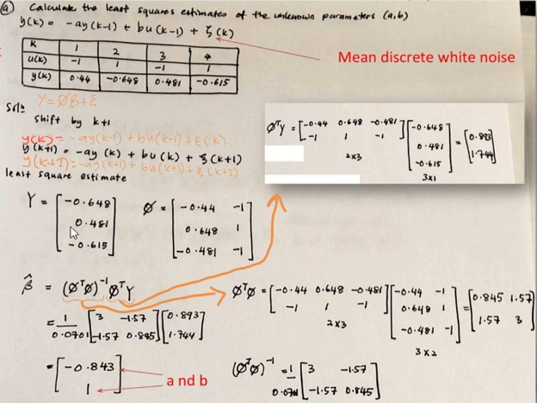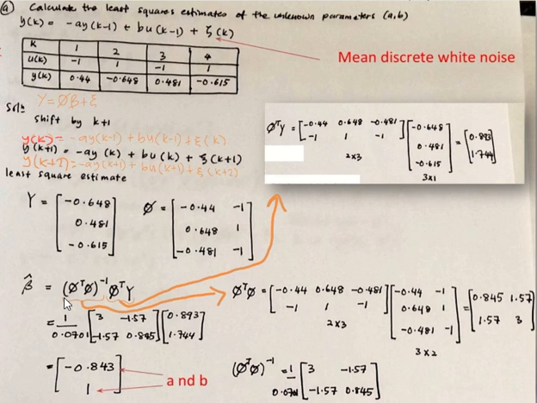So from this equation, y and theta are given. What we are looking for is beta, the coefficient that we don't know. How to find it is by using the general equation of least square estimation, where we have y and theta.